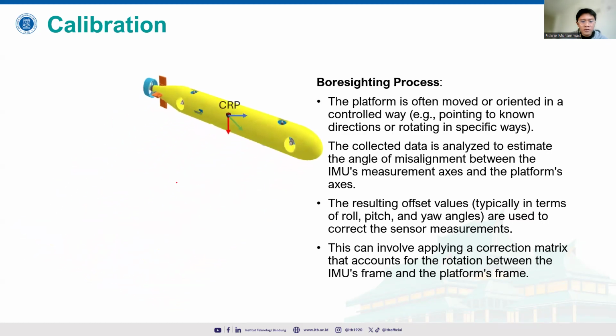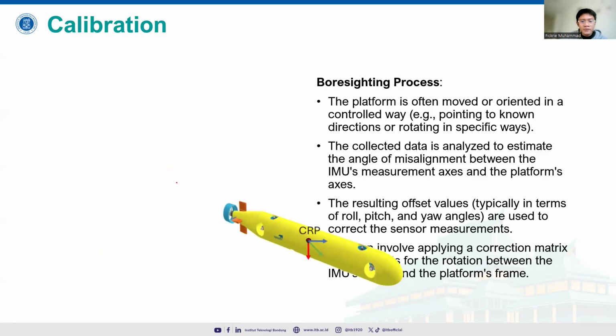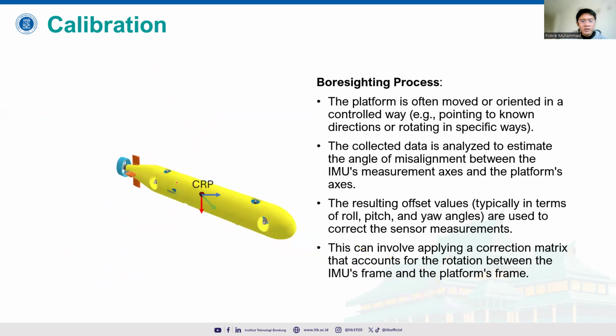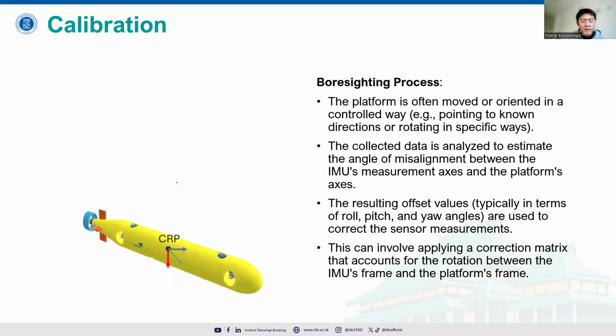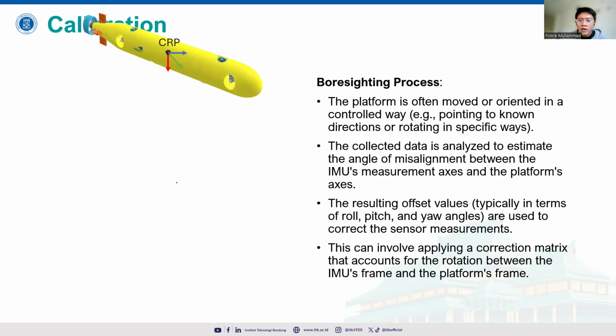So we're moving towards that axis, and toward that axis, and toward that axis. By doing so, we'll have 3 measurements based on the 3 axes, and then we can align that measurement, basically the measurement of the gyroscope and accelerometer, to the initial position of the body frame, which is 0, 0, 0.